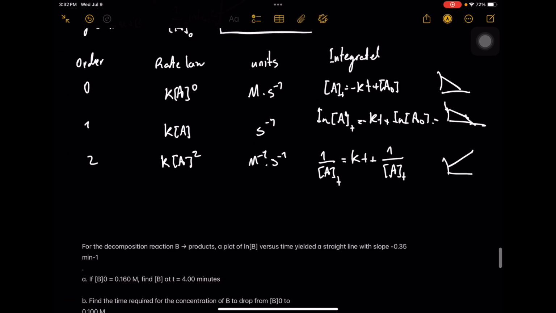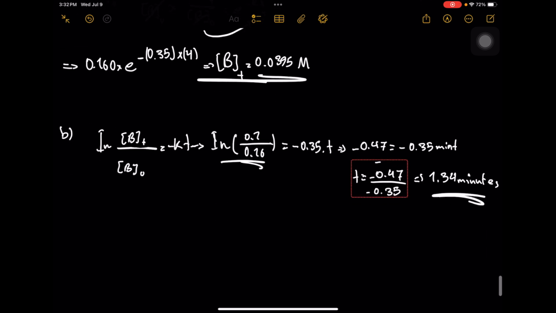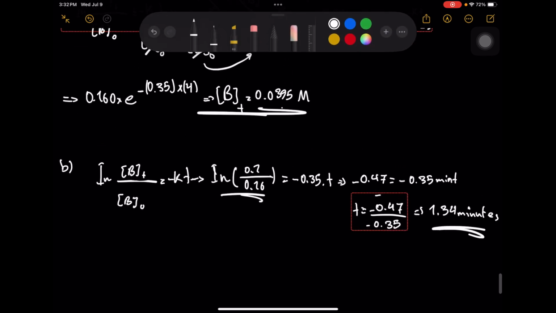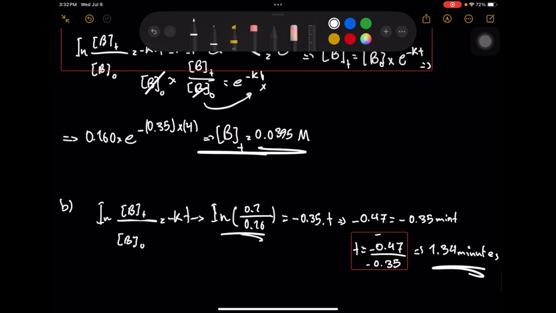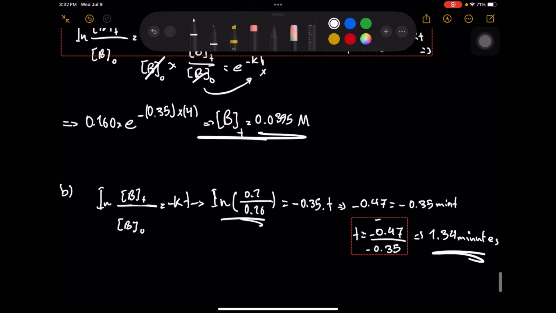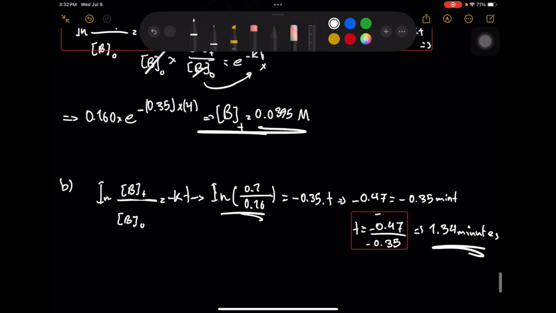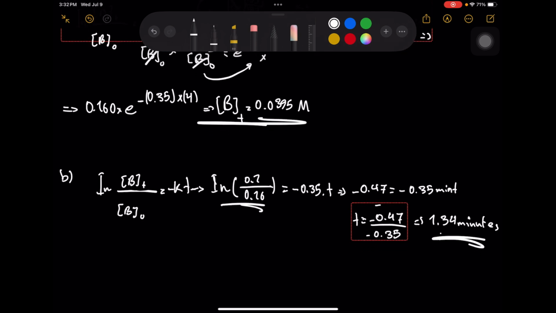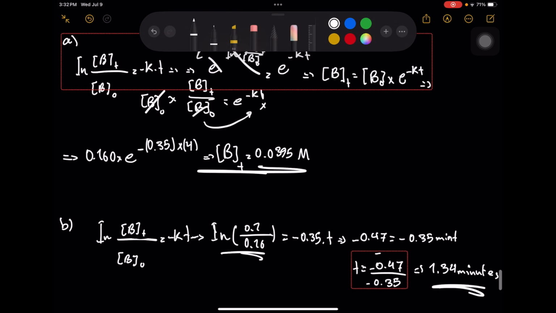So after 4 minutes, what we were left with was 0.0395 molar. And now at 1.34 minutes, we just had that. So it's similar. So if you get higher than 4 minutes, your answer is somewhere wrong.